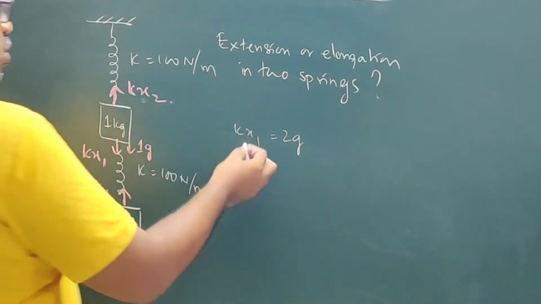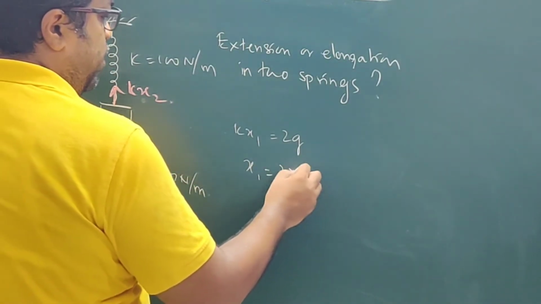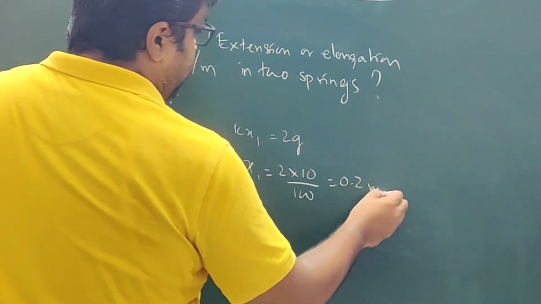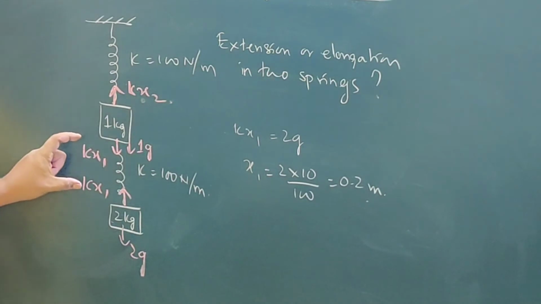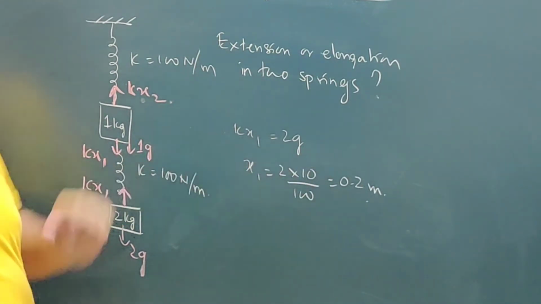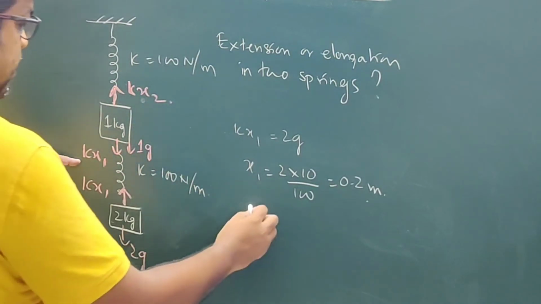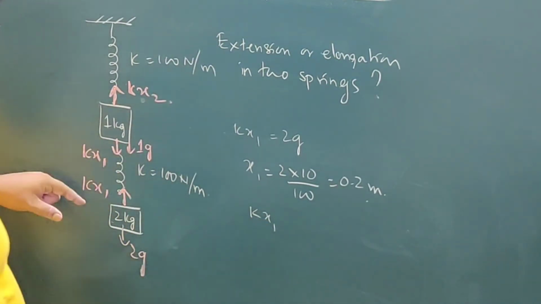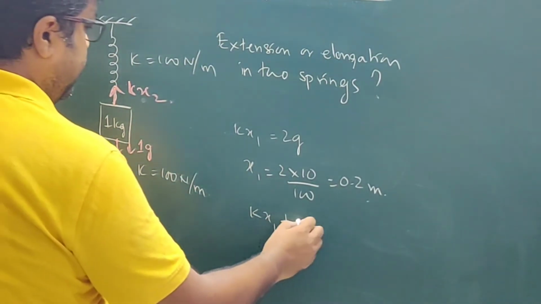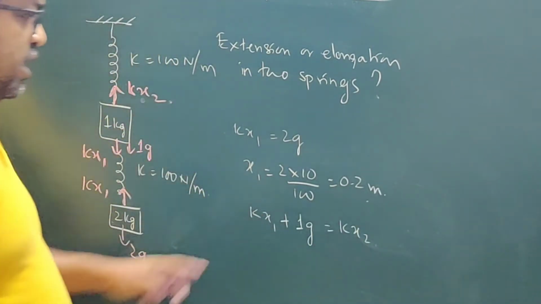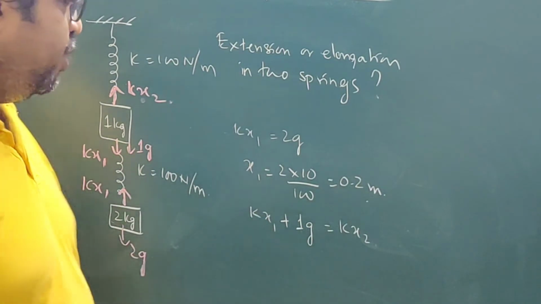Correct? So x1 is equal to 2 into 10 divided by 100. So that's equal to 0.2 meter. So in this spring, the elongation will be 0.2 meter. How about this? For this 1 kg, kx1 is acting in the downward direction. 1g is also acting in the downward direction. So it is equal to kx2. How much is x1? x1 is 0.2.